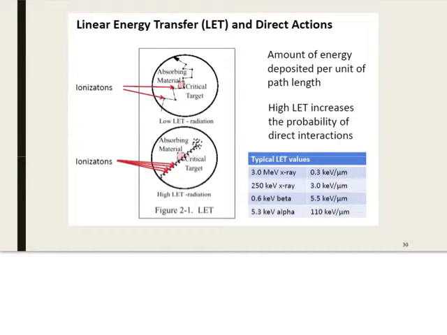So here again is that little petri dish showing ionizations, and it's comparing and contrasting low LET at the top, where we see it kind of moving and then bouncing and then moving and then bouncing, versus the ionization related to high LET energy. We see it giving off all of these interactions here and just blowing things apart, right?